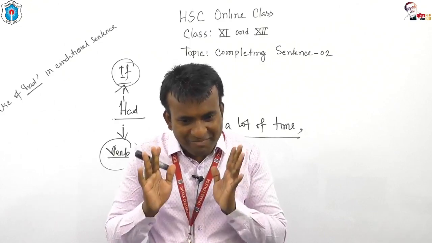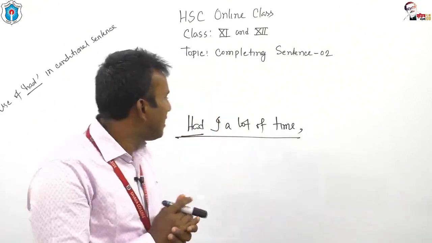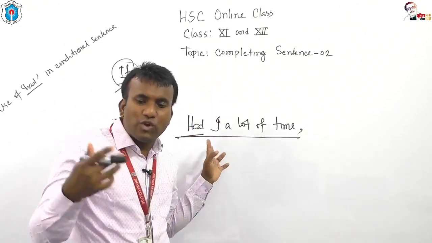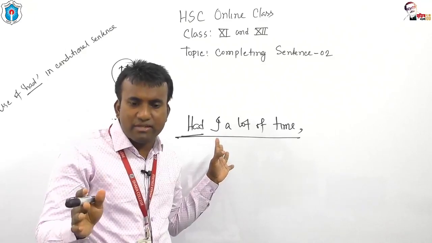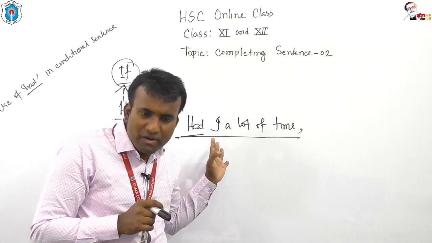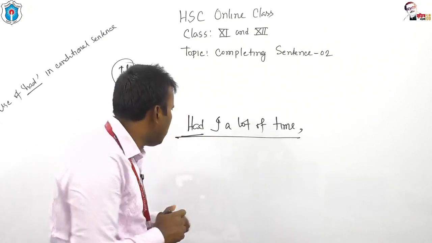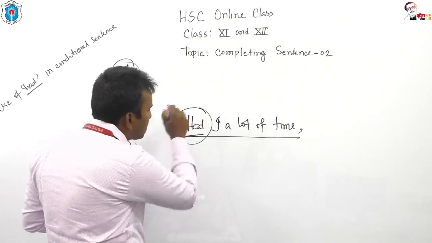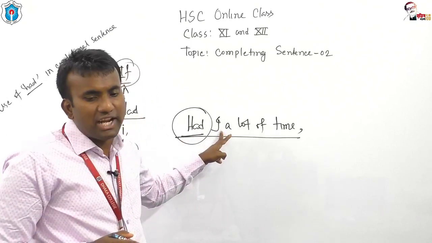Don't say past perfect, because if you want to call this sentence past perfect, it must contain the past participle form of the verb. Here, I have not used any past participle after had.